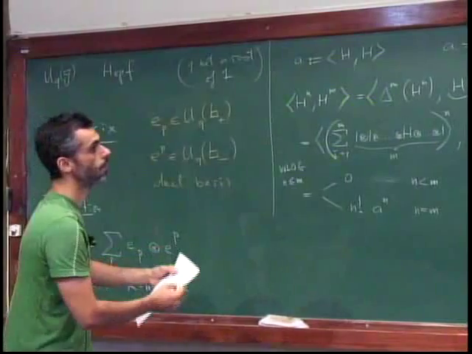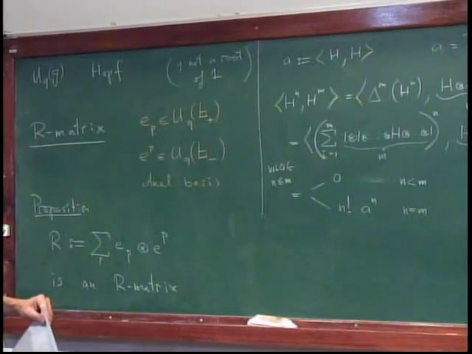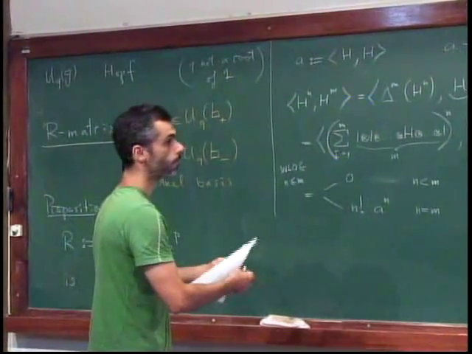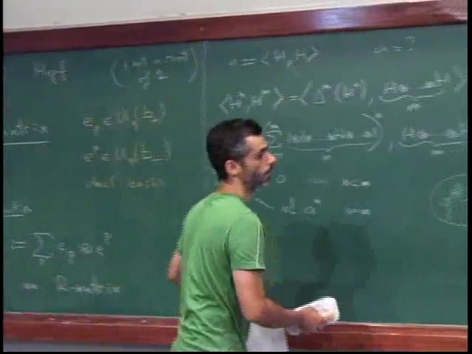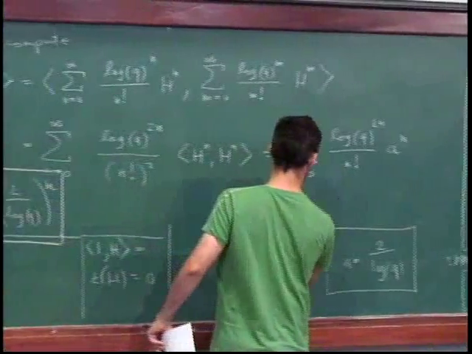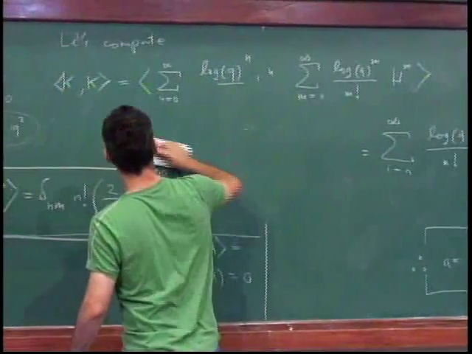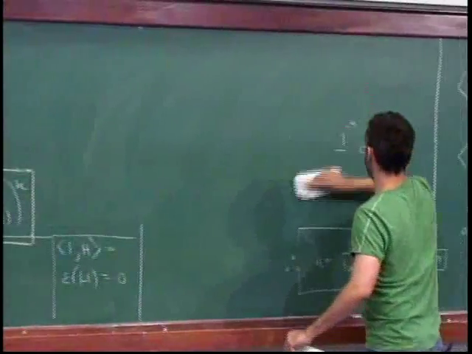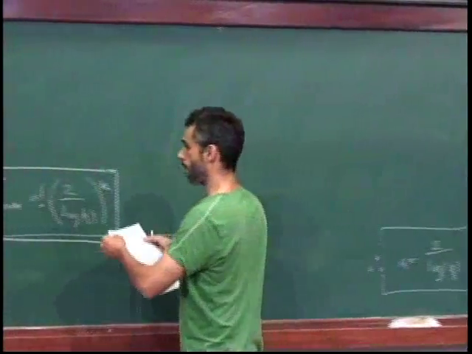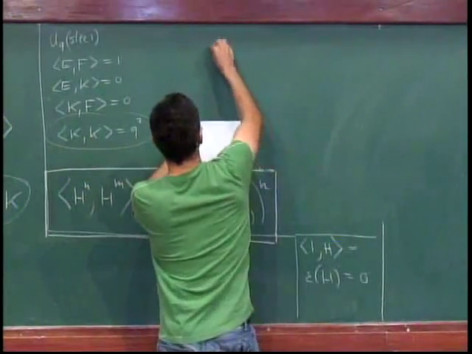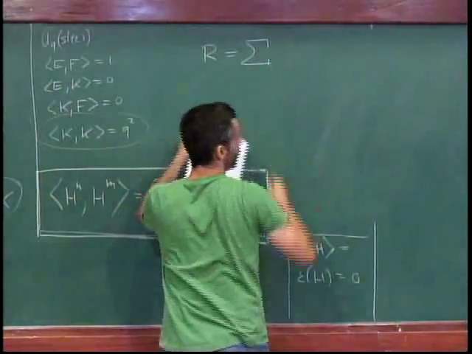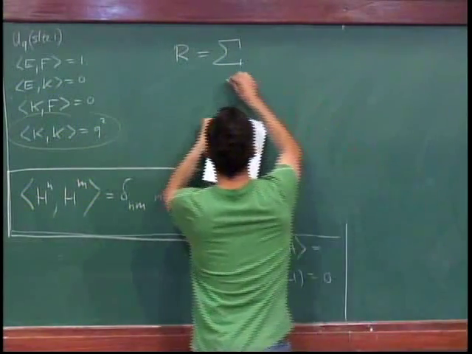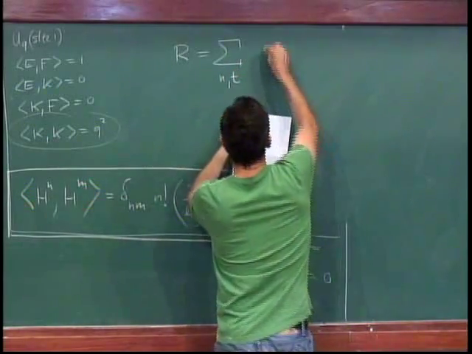Let's see. Okay, so we take that recipe and use that formula, and we get the following expression. Sum over n and t.